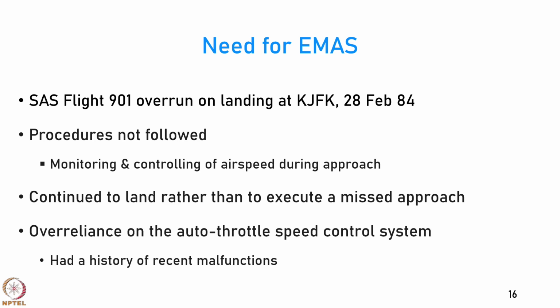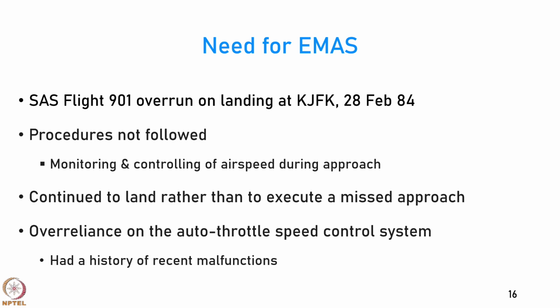The pilots had over reliance on the auto throttle speed control system of the aircraft, and this particular aircraft had a history of recent malfunctions of this system. So, because of this incident and a few other incidents, to ensure the safety of the passengers, in this particular incident there were 192 people on board.